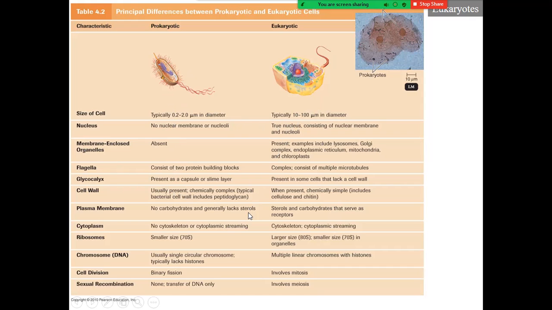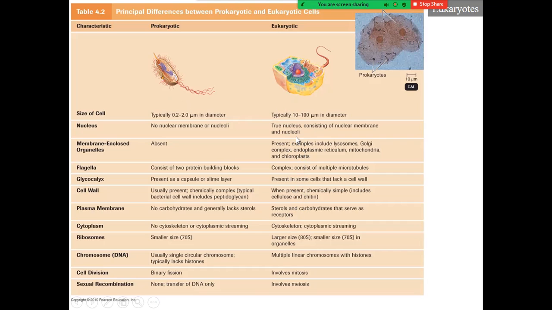The plasma membrane between a bacteria and a eukaryotic cell is about the same. The exception is an animal cell has sterols in it and carbohydrates, and these can serve as receptors.